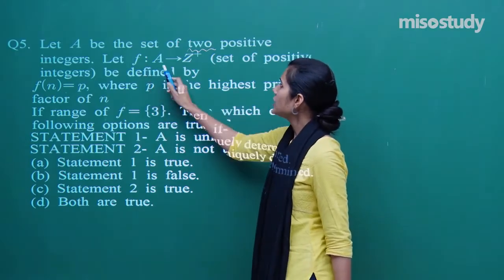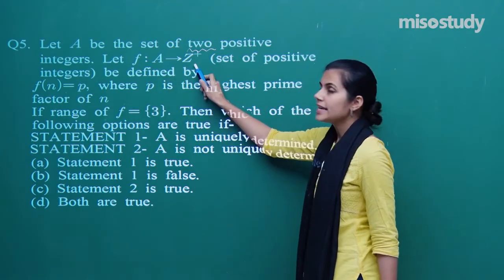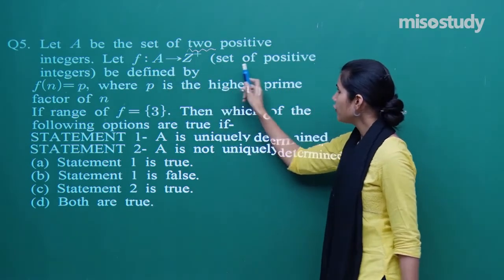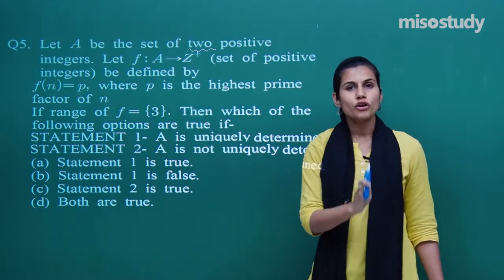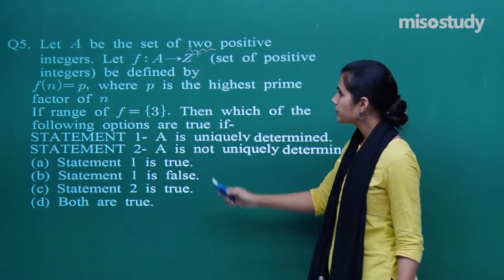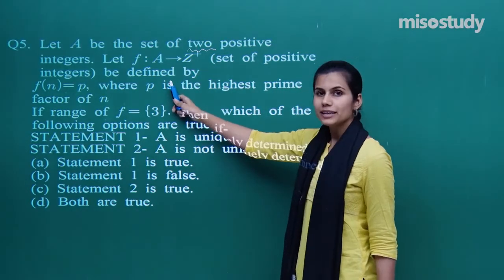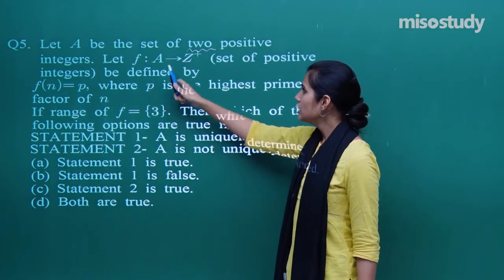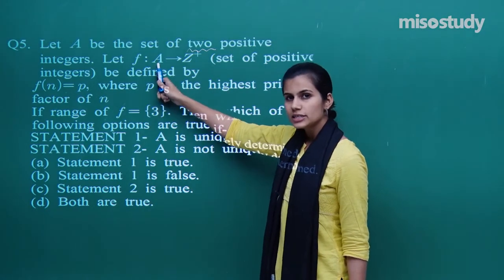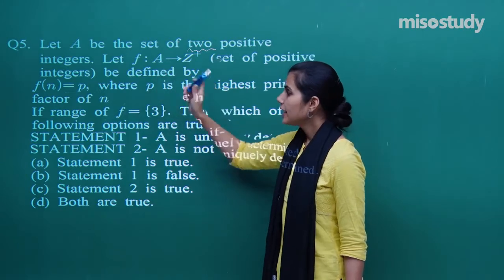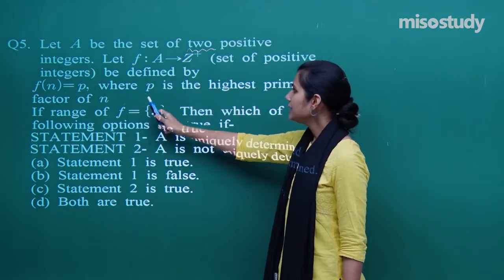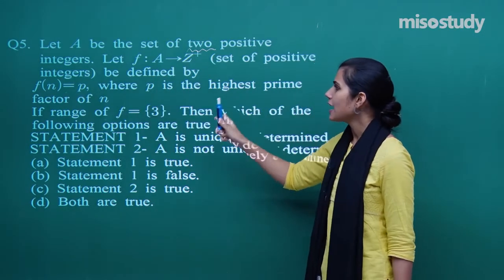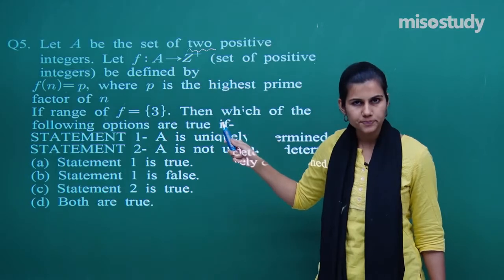Let f be a function from A to Z plus, which is standing for the set of positive integers, or you can say natural numbers. And this f is defined by the rule that f of n, when f is applied to positive integers sitting inside A, the output is that integer which is the highest prime factor of the input.